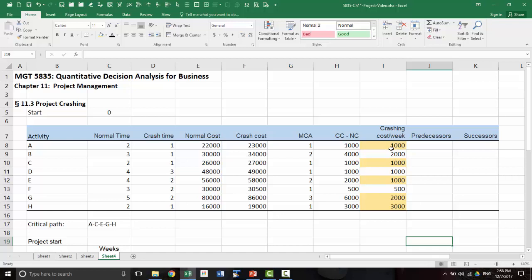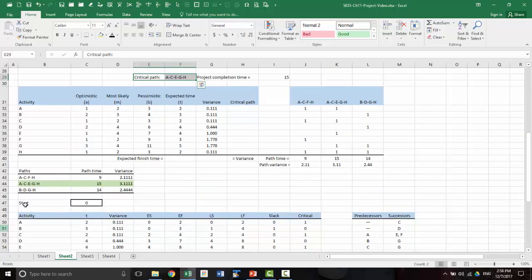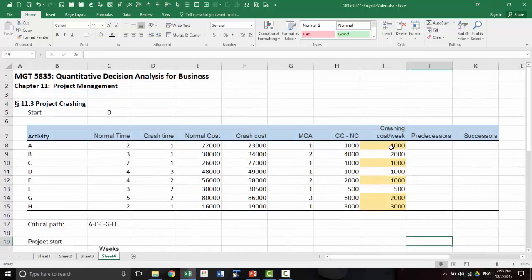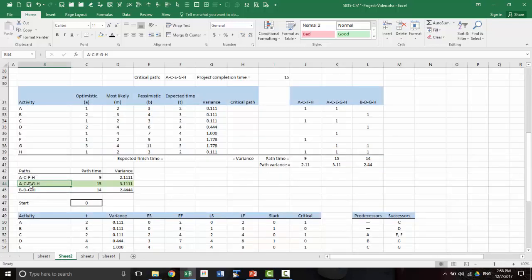Okay. But when you start crashing, what will happen is, remember when we started out, we saw that there are 3 paths, right? So now if you select activity A to crash, and you keep crashing, so if you crash E, you can crash by 2 weeks. But if you crash E by 2 weeks, what will happen?